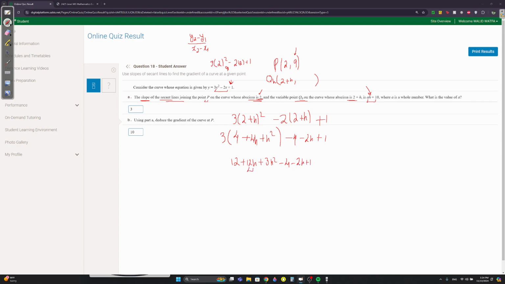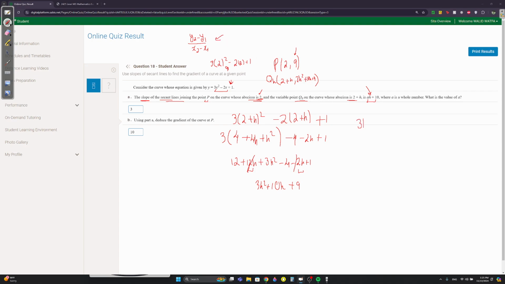Simplifying, 12h minus 2h is 10h, 12 minus 4 is 8, 8 plus 1 is 9, and you have 3h squared. So the y-coordinate is 3h squared plus 10h plus 9. Very simple.